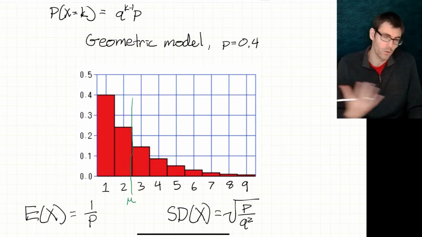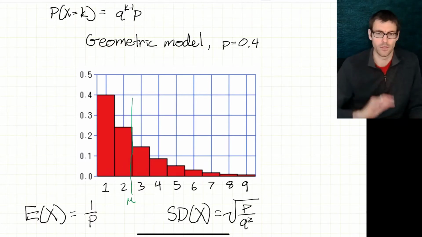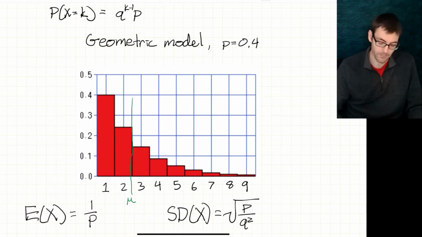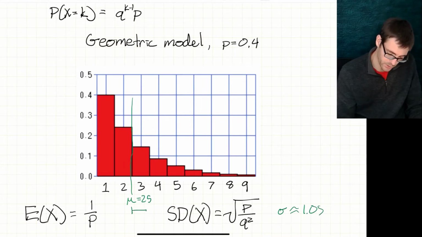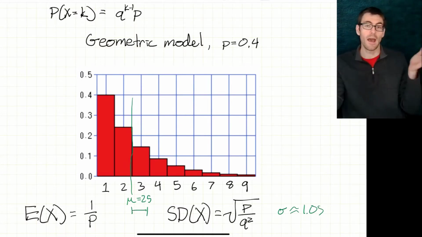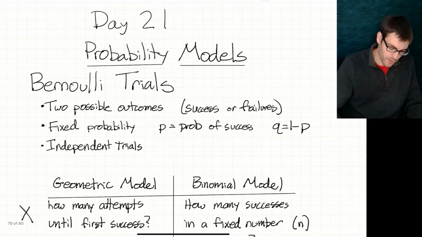Again, there's a whole derivation that we could do, but we're not going to focus on where exactly this one comes from. In our example, this standard deviation, sigma, ends up being about 1.05, so the standard deviation gives us a sense of how spread out our distribution is. All right, so that's the geometric model.